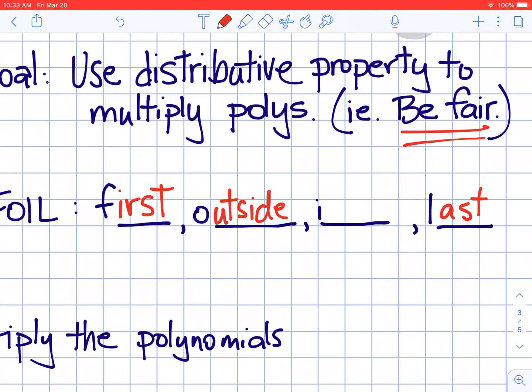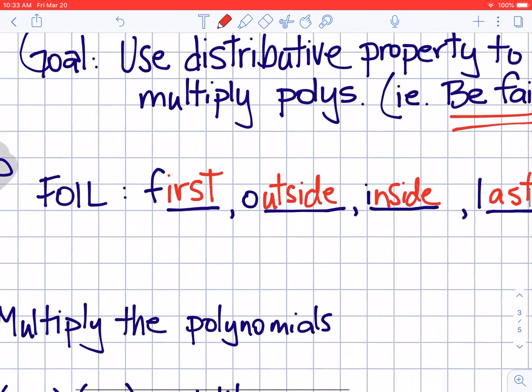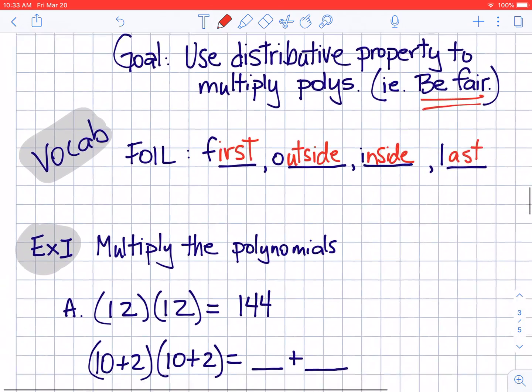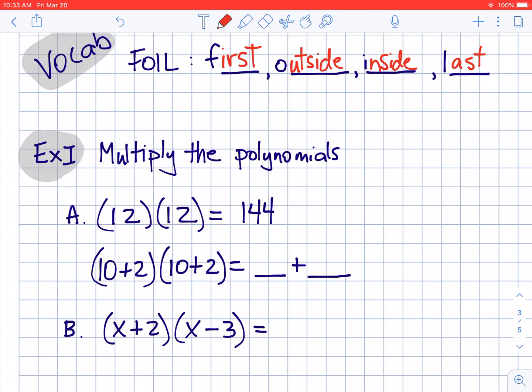And then you can probably guess that the I stands for the inside. This works particularly nicely when we are working with what we call binomials, in other words, two terms times two terms. All right, without further ado, let's get into our first examples of multiplying polynomials.